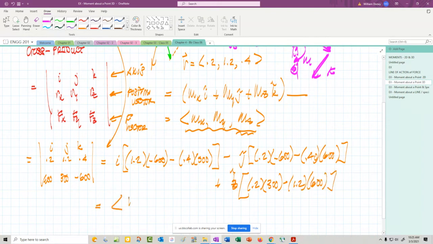And if we go all through that mess, we should get a moment in the X, moment in the Y, moment in the Z. And we put units on there, and there's the answer.